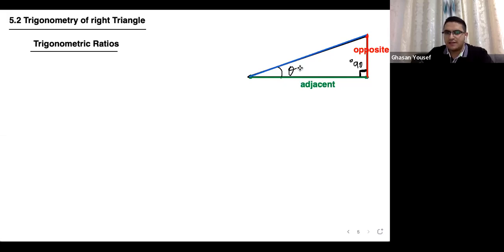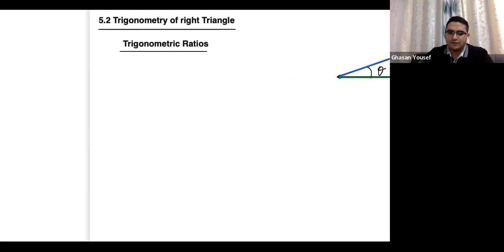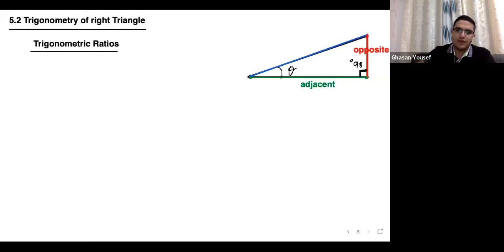The side in front of this acute angle is called the opposite, the side below this angle is called the adjacent, and the blue side is called the hypotenuse.